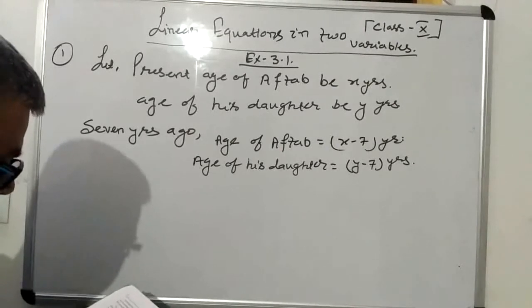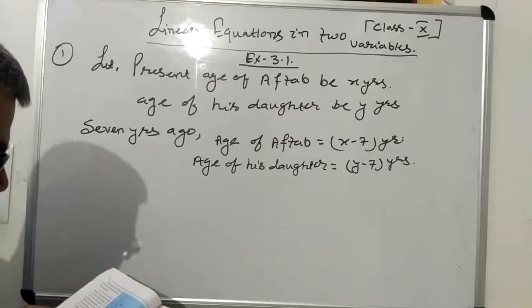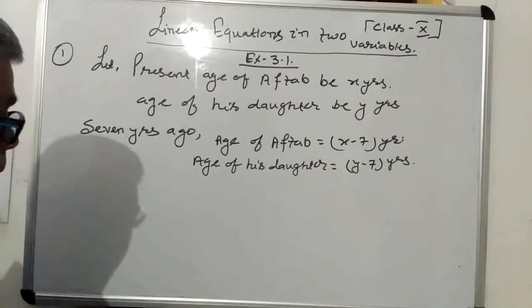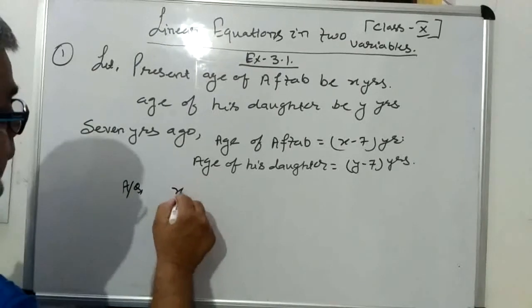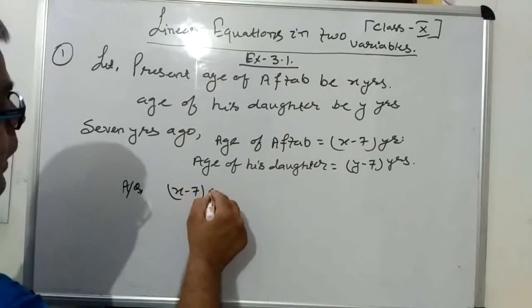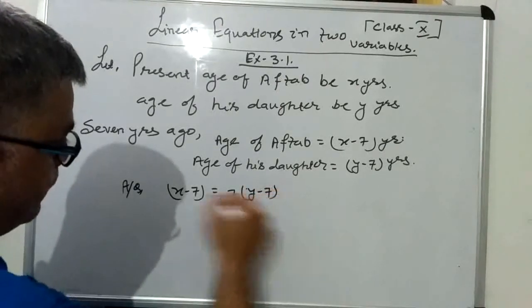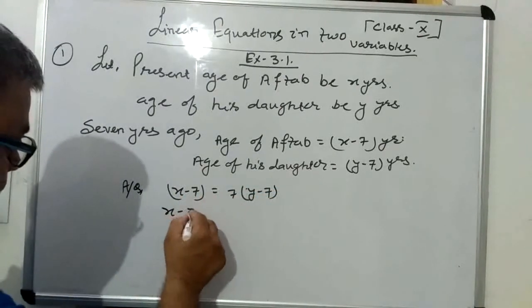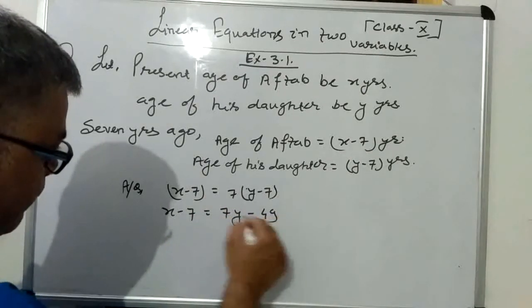Now the question says, 7 years ago I was 7 times as old as you were then. According to the question, the equation will become x minus 7 equals 7 times y minus 7. Simplify it: x minus 7 equals 7y minus 49.